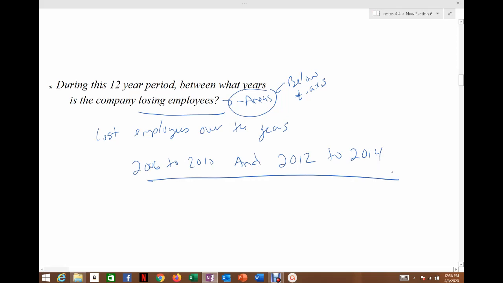That's the first question, and really that one's not new. Adding people, increasing, would be positive, above the x-axis. Losing, decreasing, would be below. And that's a question we answered way back in chapter 3.